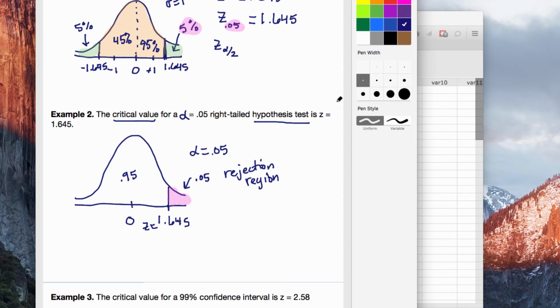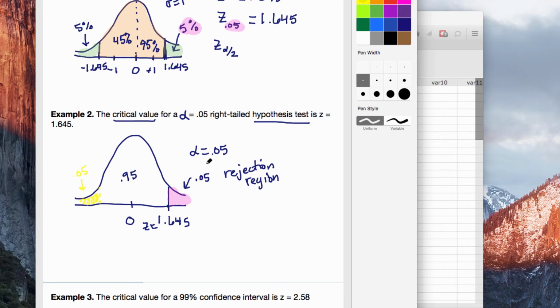Now, I chose this problem purposefully because of 0.05 on the right side. If we pretend, I'm going to write it in yellow so we can't really see it, if we put 0.05 on the left side, see how it matches up to the last picture? 5%, 5%, 0.05, 0.05.